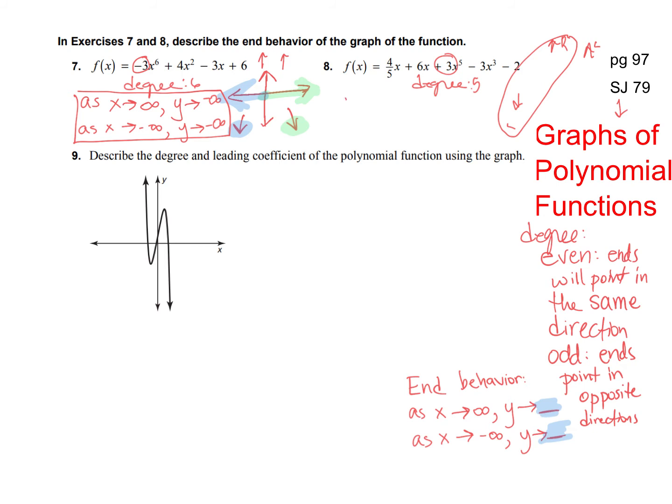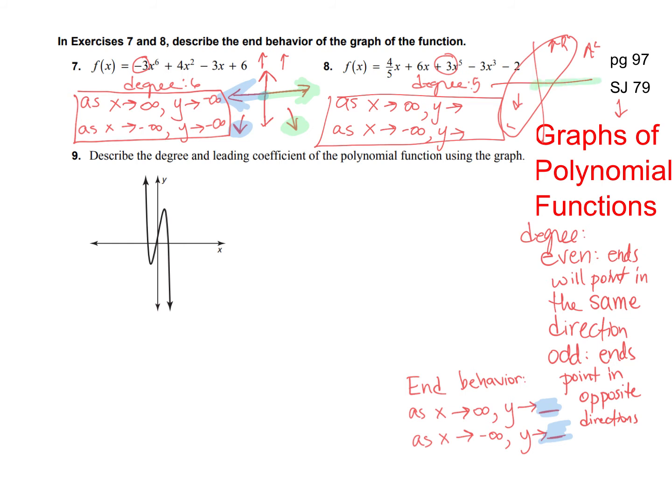Let's do the same thing for number 8. As x approaches positive infinity, y approaches, and then we'll fill that in. And then as x approaches negative infinity, y approaches, and then we'll fill that in. And I'll just use this as my rough sketch. Go back and grab my highlighter.